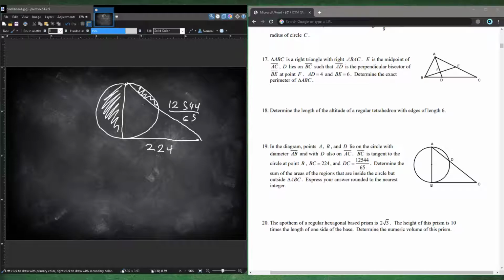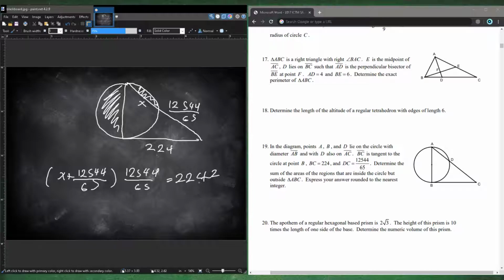Okay, so first we have to find the radius, right? But to find that radius, we first have to find this length right here. So the equation for tangent and secant lines is x plus, so the entire length of this times the part outside, 12544 over 65, is equal to that length squared.